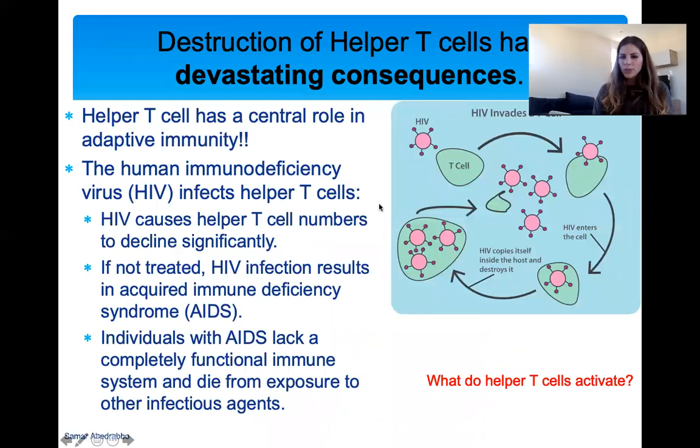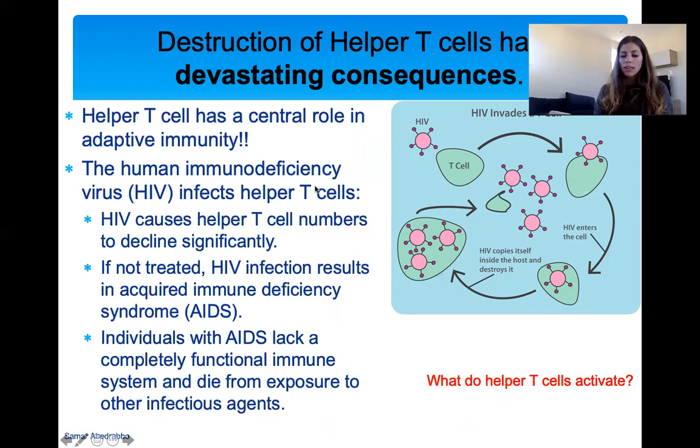Now, I just want to end the immune system by talking about HIV. HIV, as many of you know, is a very devastating virus, and the reason is that it causes someone to lose their immune system. To take it one step further, the reason why people with HIV infections, over time, basically lose their immune system is because the HIV virus infects helper T cells.